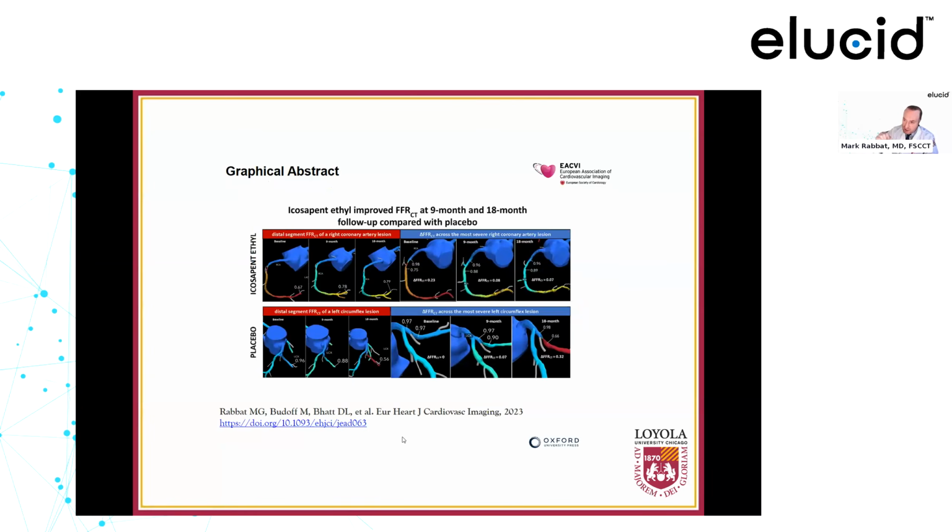And compared to placebo, what we were able to demonstrate was that those that received the drug, icosapent ethyl, demonstrated improvement in intracoronary physiology as assessed by FFRct over time. So this is really the first study to assess drug effect using FFRct and really paves the way for future research, especially when assessing drug effect.